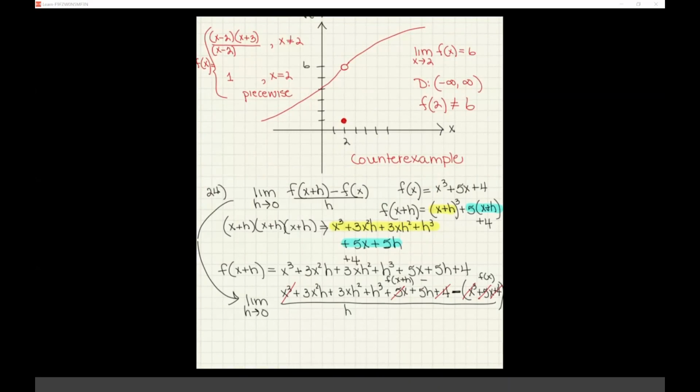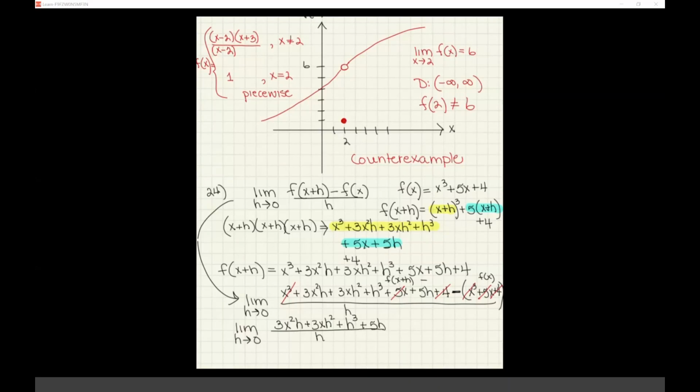So this is going to leave me with the limit as h approaches 0 of 3x squared h plus 3x h squared plus h cubed plus 5h, the whole thing over h.